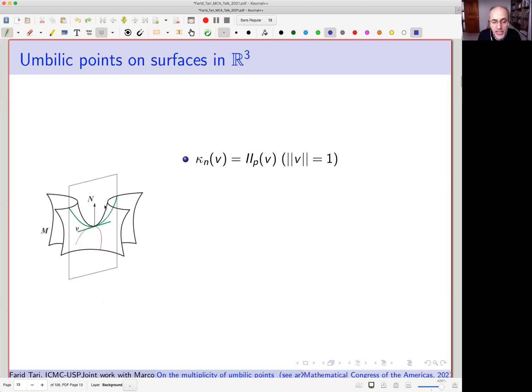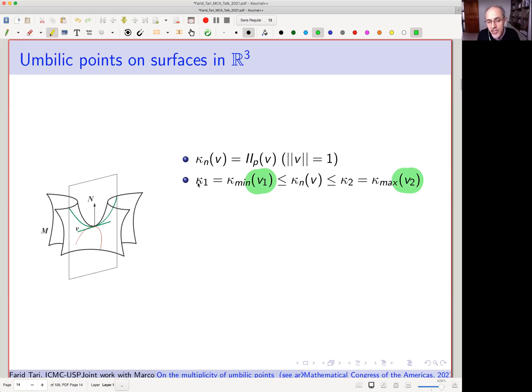This curvature of this curve does not depend on the choice of curve. It depends only on this direction. So this is the normal curvature, varying v on the unit circle in the tangent plane. Because it's a continuous map, it will have a maximum and a minimum, and the maximum and minimum are attained along two directions.